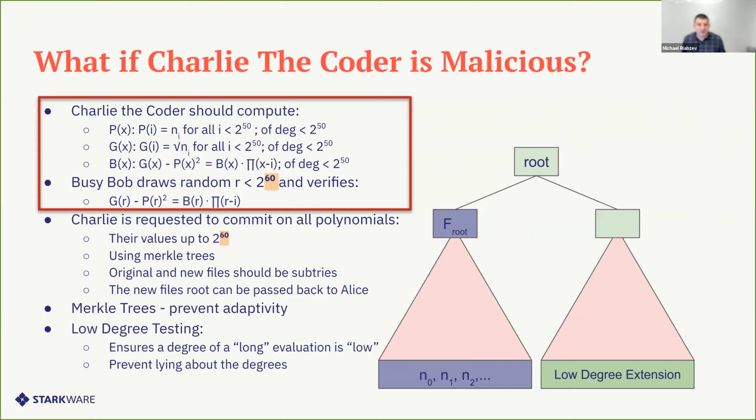So low degree testing is a protocol for somebody succinctly to ensure some evaluation is very close to be a low degree polynomial. So this is another protocol which is not described in these slides, where Charlie can prove to Bob that those values he committed on in the Merkle tree are consistent with polynomials of degree at most 2 to the 50.